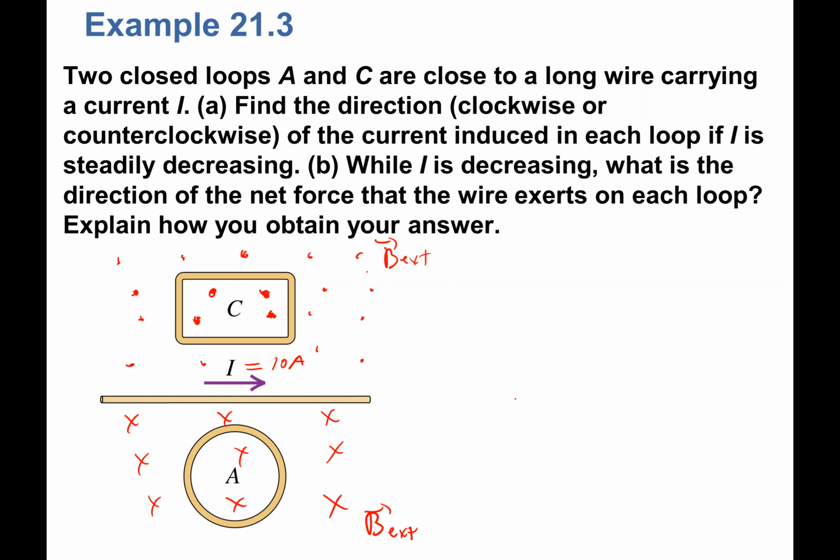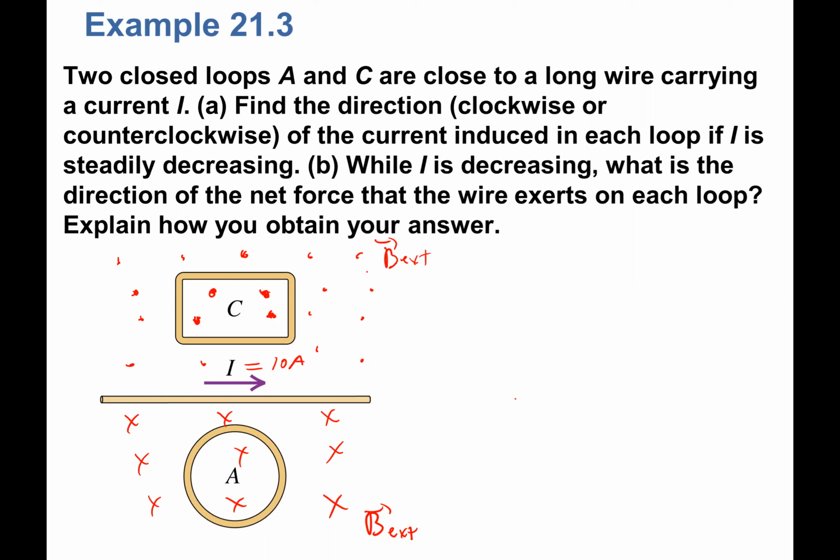Now, if the current is constant, there will be no induced current in loops C and A. Yes, there is a flux through loops C and A, but if you're not changing the current, you're not changing the magnetic field, which means you're not changing the flux. So if the flux is not changing, there is no induced current.